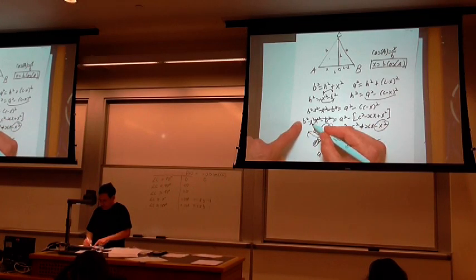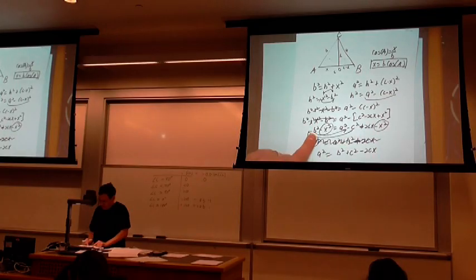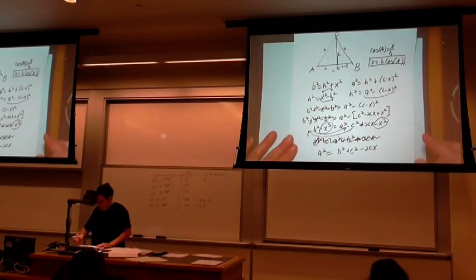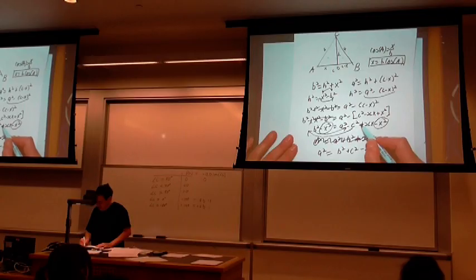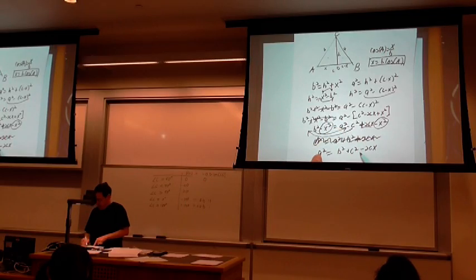So it comes down here, and now we move everything over to that side, except the a squared. Why is it minus 2cx? Shouldn't it be plus 2cx? Okay, it's plus 2cx over here, right? But now it's on the opposite side from a squared, so it's a negative sign.